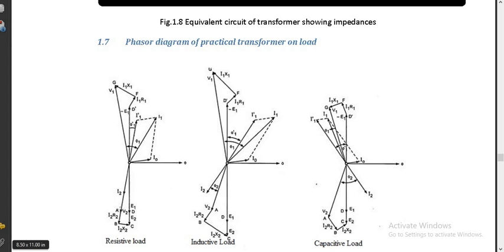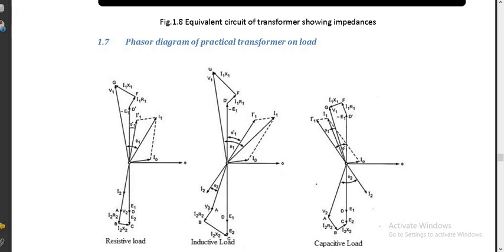Now why V2 is over here: when we are considering the losses, no more is E2 equal to V2, so there will be a certain lag between E2 and V2. That lag is taken into account by showing V2 just lagging behind E2. And in the same phase we have I2. Is that clear?